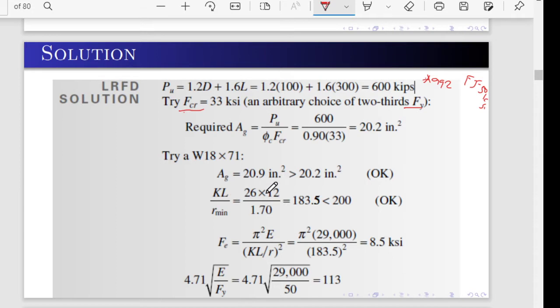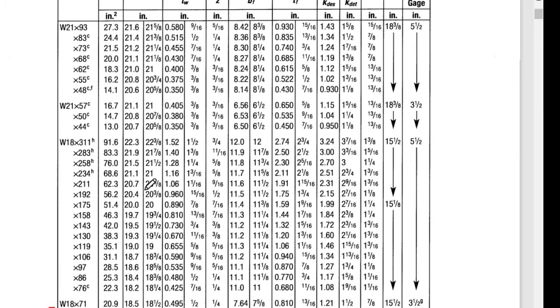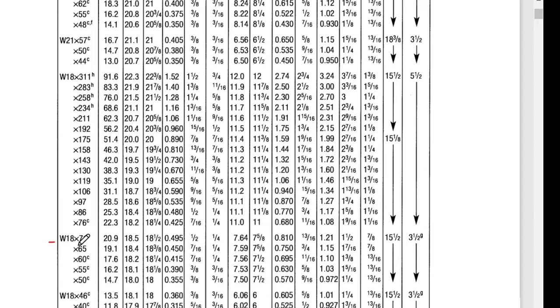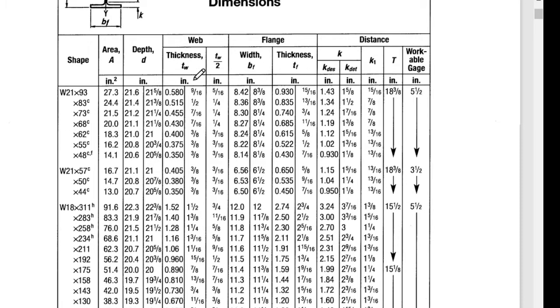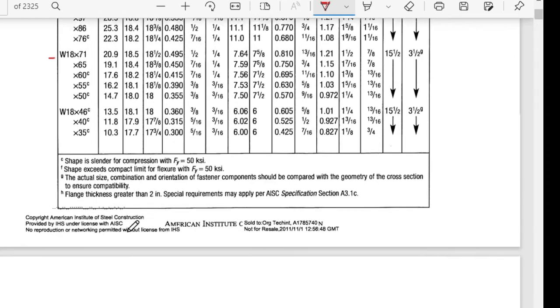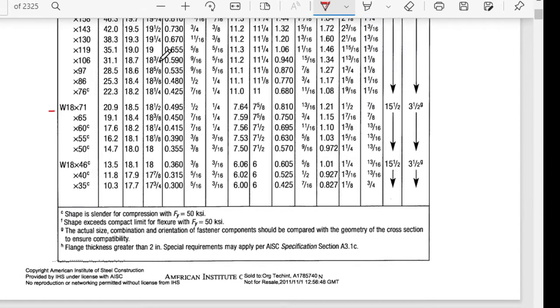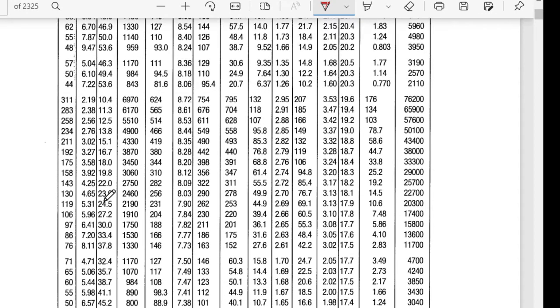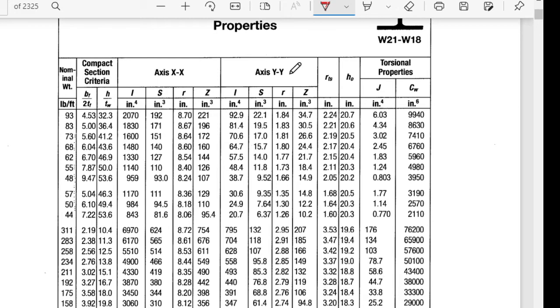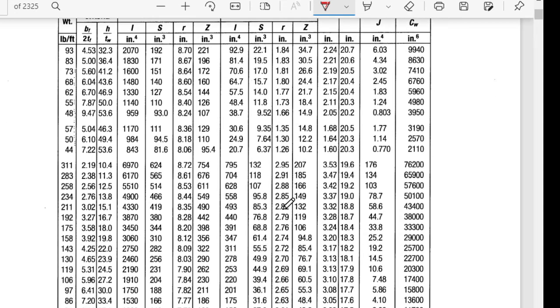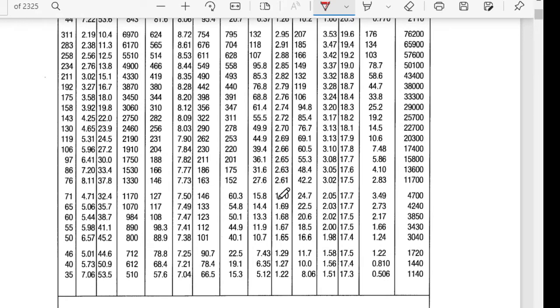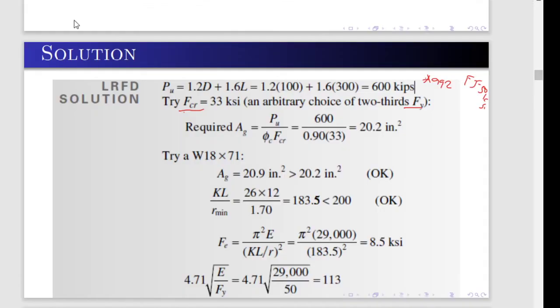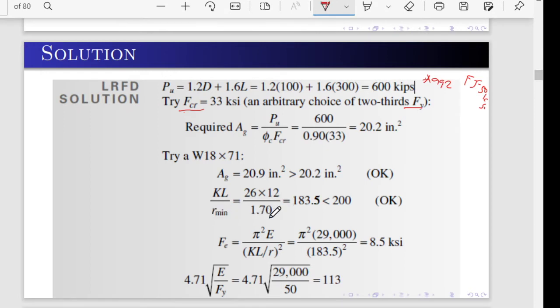The effective length KL is given in feet, and we need the radius of gyration from the table. For W18 by 71, the minimum radius of gyration is on the Y-Y axis, and it is 1.7.